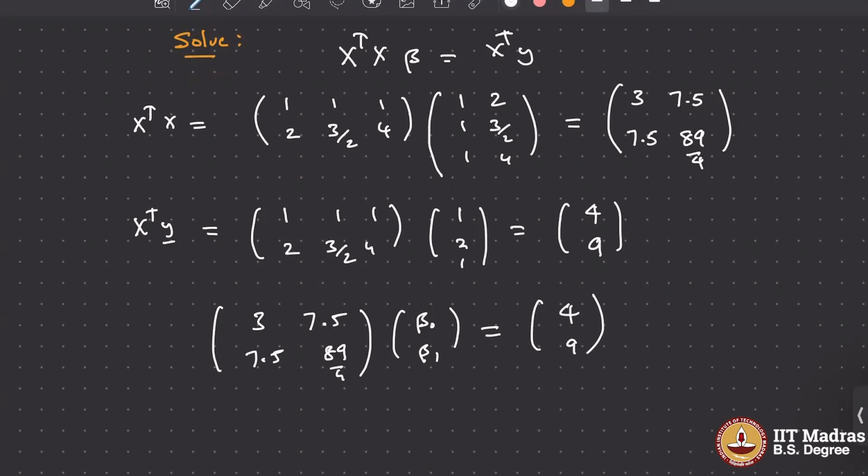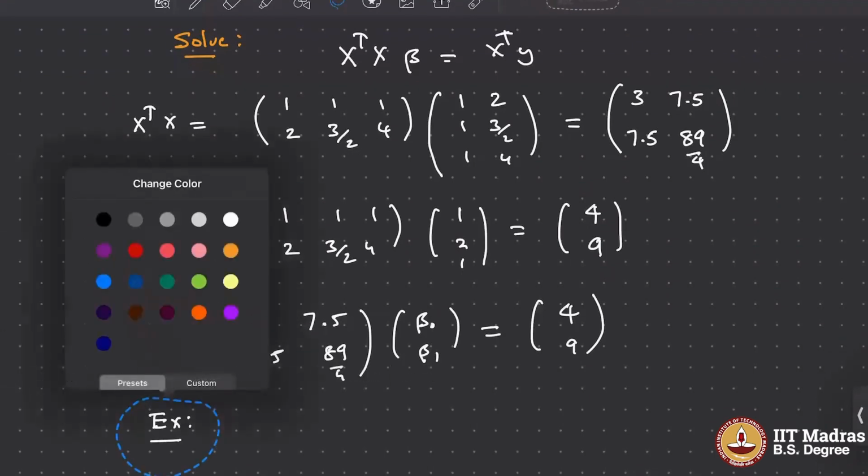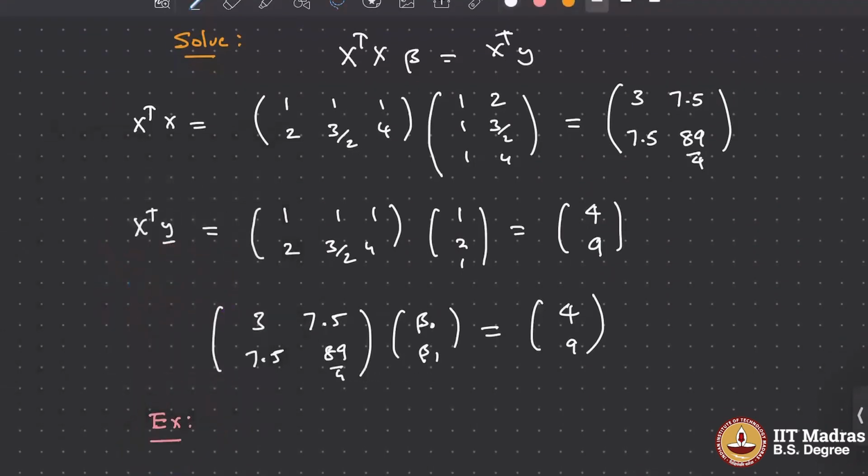This one can be done in many ways, either by echelon form, or you can solve it as an exercise in linear algebra. I don't want to do this here. You can solve for beta naught and beta 1.